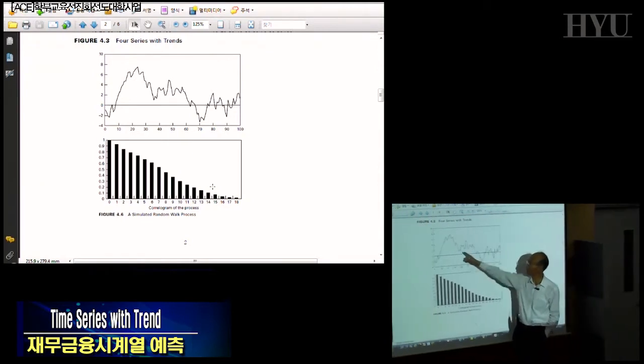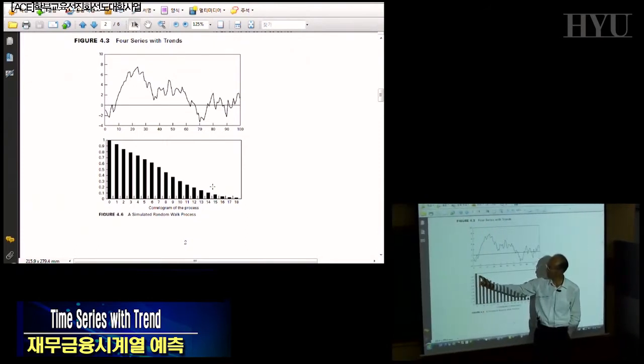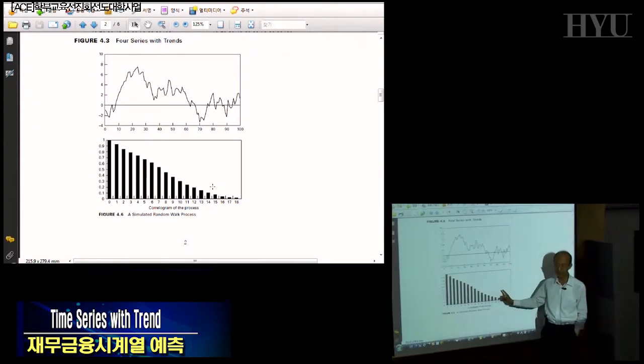So if you're given this type of realization, and you calculate the autocorrelation function, then at lag 1 it's greater than 0.9 and declining very slowly, right?